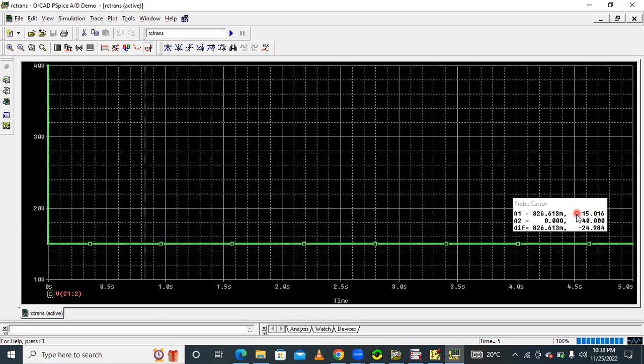By using this probe, you can see 15.016. During the transient condition, at t equal to 0 seconds the voltage across the capacitor is 40 volts. From 40 volts it decreases and settles at 15 volts.